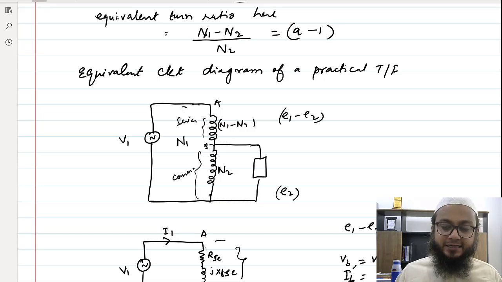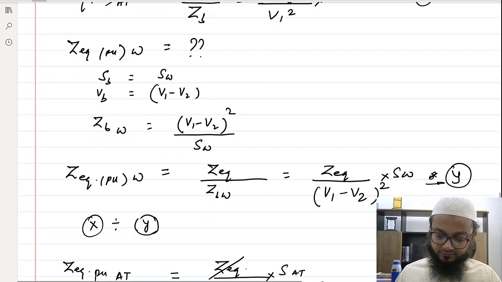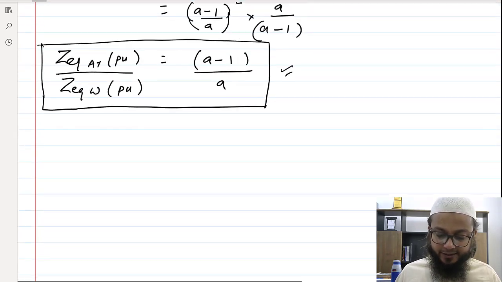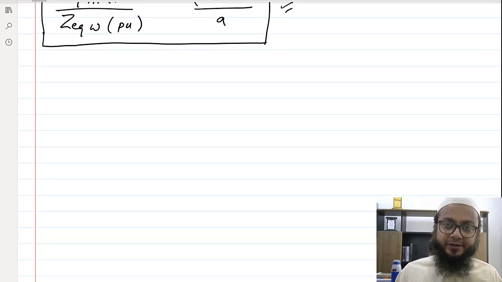Now a similar analysis you can do for stepping up the voltage, right? At that time you just try to see what would be the equivalent impedances and the turn ratio when you are stepping up the voltage. I am not taking that here, but even that can be calculated as well for stepping up the voltage.